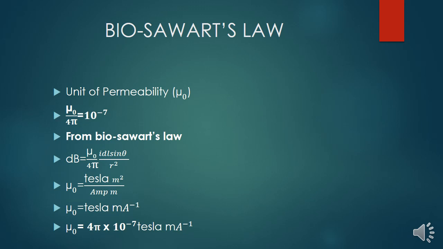So dB has unit Tesla, into meter square, r square has unit meter square, divided by ampere, and dl has unit meter. So mu naught has unit Tesla meter ampere inverse. Because 4 pi is constant, the unit of mu naught is Tesla meter ampere inverse.